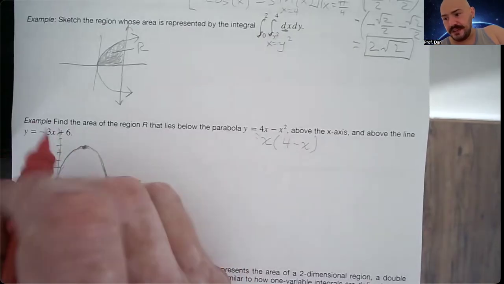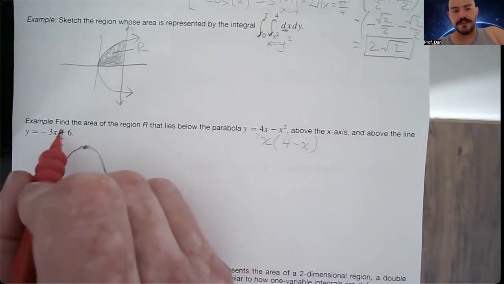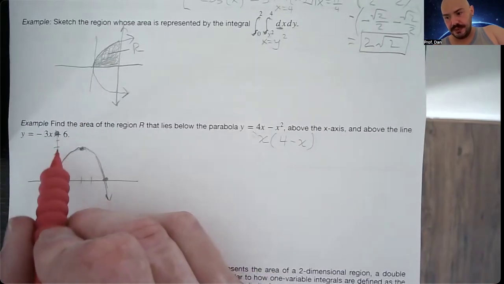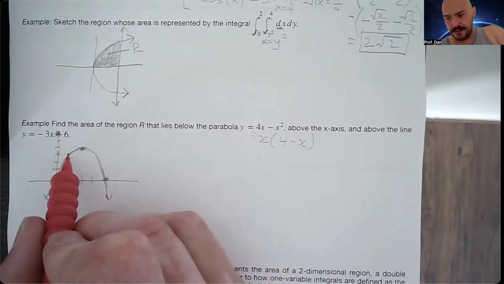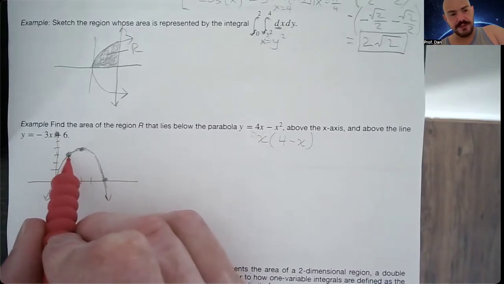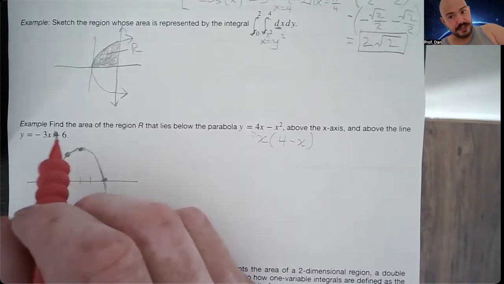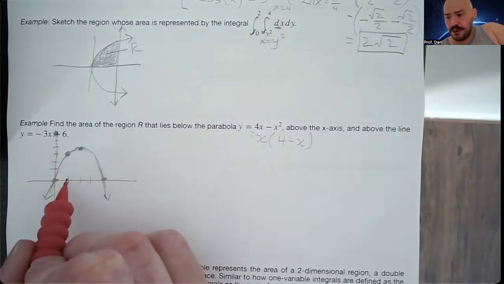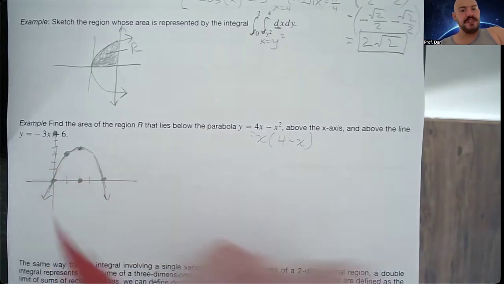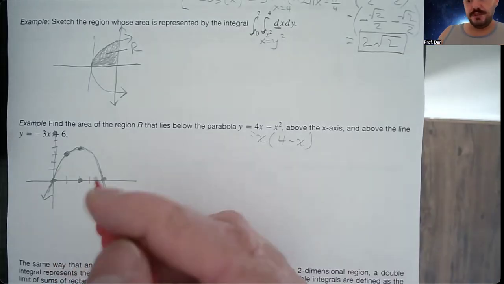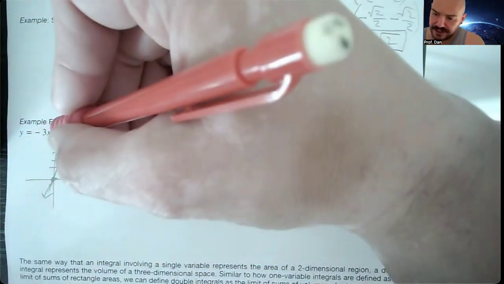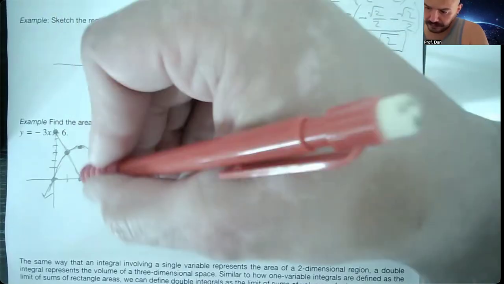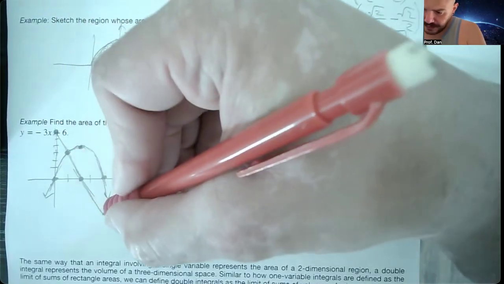So that's a line that has a y-intercept at positive 6 and has a slope of negative 3. So I'll go down 3 over 1. That's going to give me a point of intersection, which I also could get algebraically. Then I go down 3 more over 1 more. That gives me the intercept, which is also going to be important. So then when I draw this out, this is what I get.